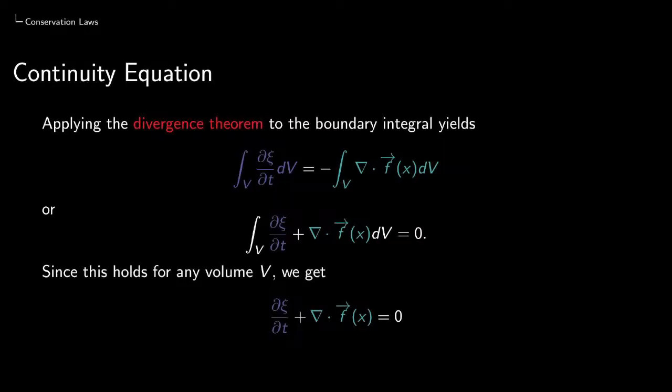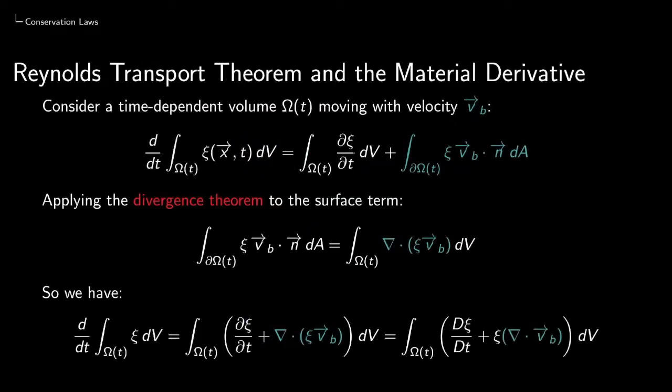And we can then combine the two volume integrals into a single integral equation. If that holds for any volume V, we can get a conservation law: dz/dt plus the gradient of f with respect to x is equal to 0. This is a fairly common thing, and we'll go over an example in a moment.